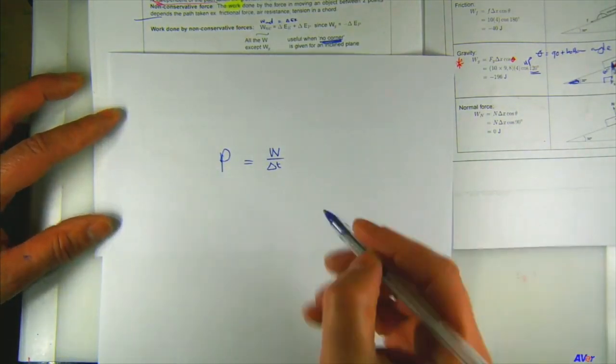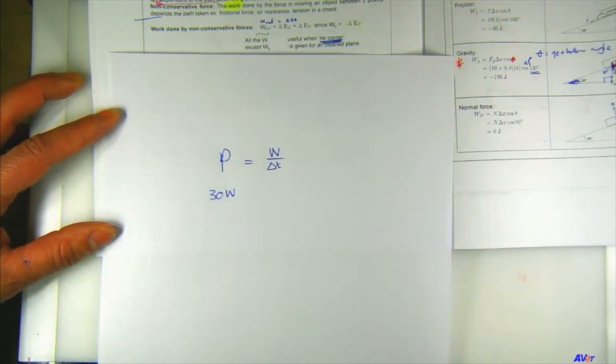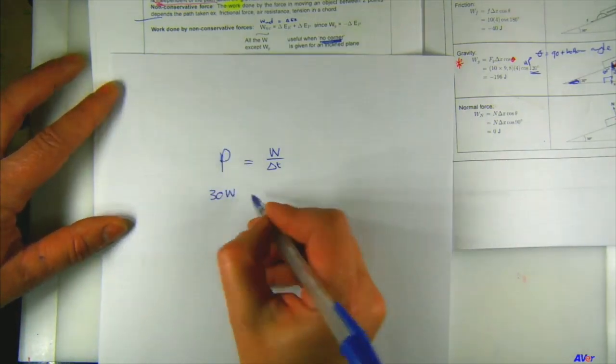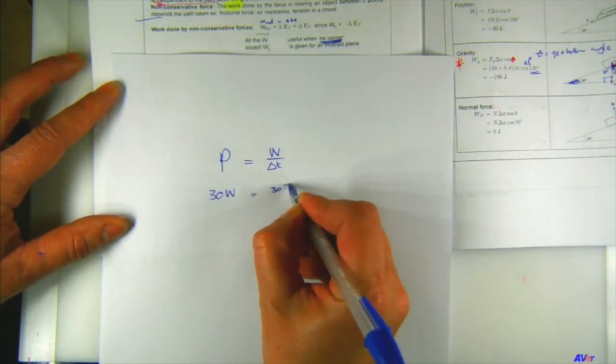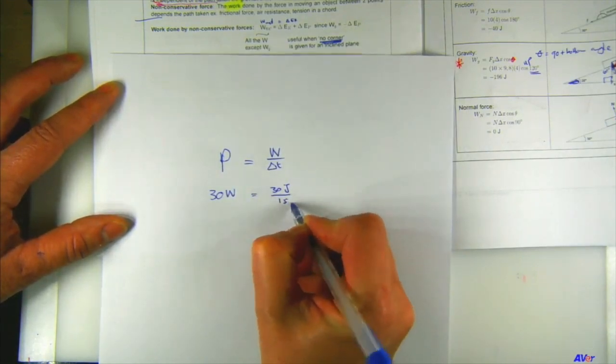So if you had a light bulb that was typically 30 watts, remember, we measure power in watts, then it was 30 joules of light energy produced in every single second.